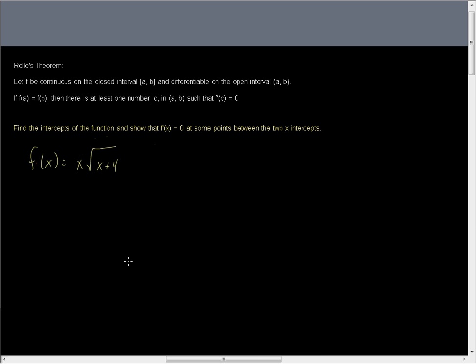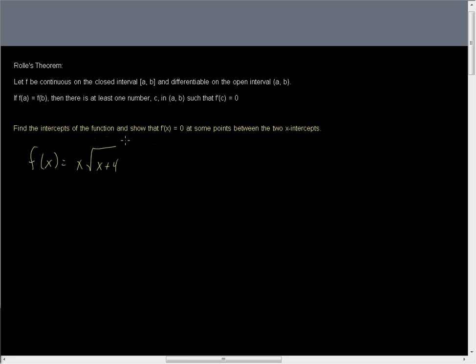In other words, if f is continuous on some closed interval and differentiable on the open interval, this guarantees that if you can find two equal y values, then you have a relative max or min. All right, so let's take a look at this.